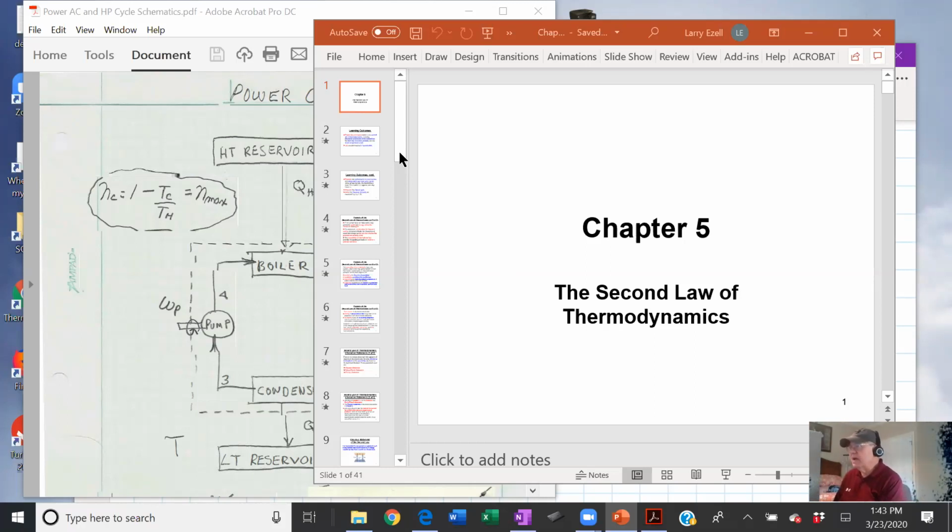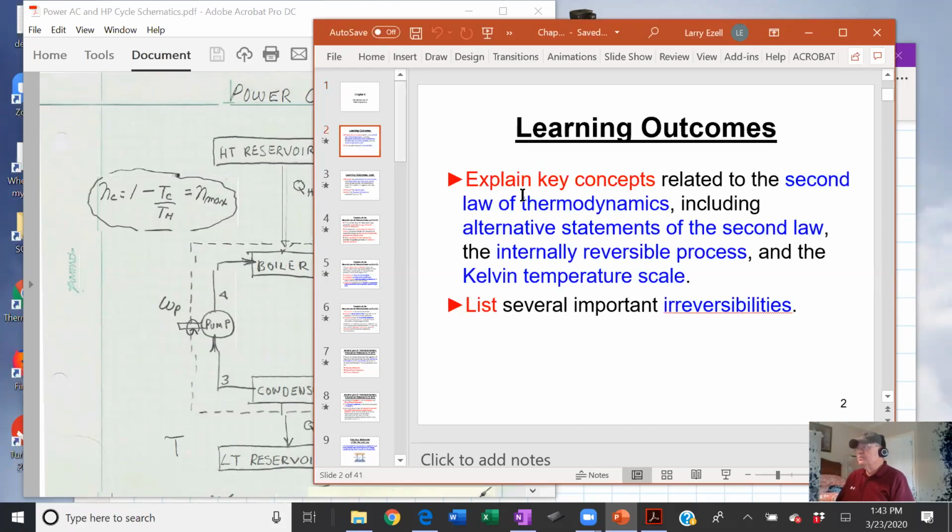All right, Chapter 5, Second Law of Thermodynamics. Let's get going. Okay, what we're going to try to learn in this Chapter 5 is the key concepts related to the second law, and I apologize in advance for reading this to you. There's just no way. I'll try to ad-lib as much as I can to make it not so dry, hopefully.